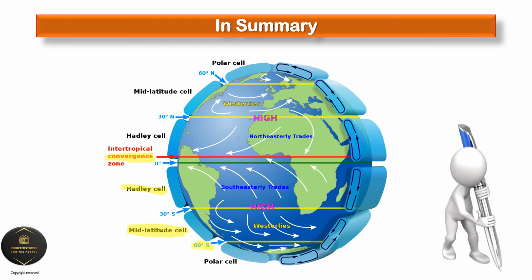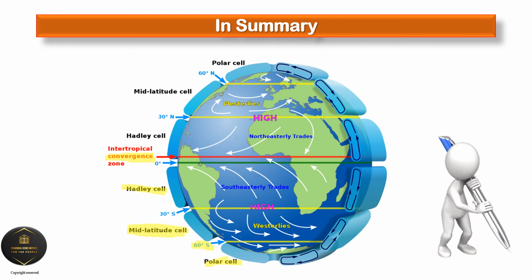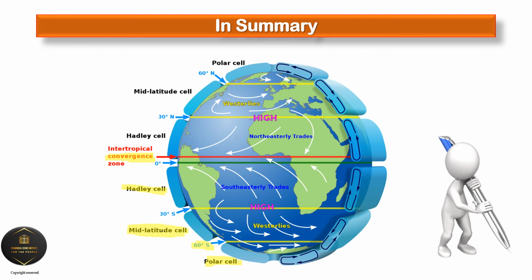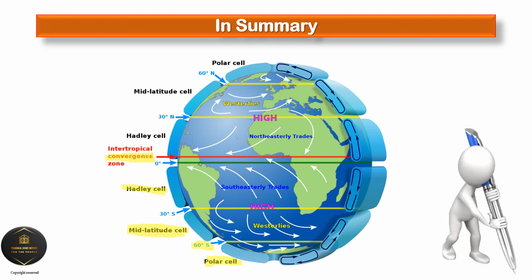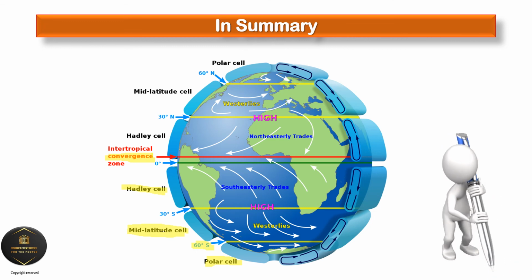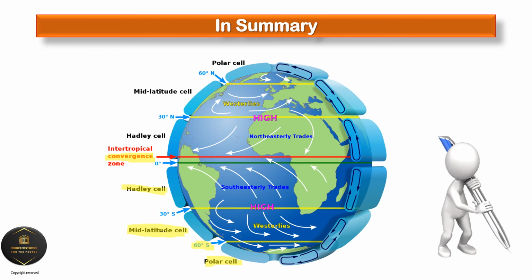And we also have the polar cell, which forms in the polar regions. Remember, the poles are really cold, so they are uninhabitable. And why is that? Because they receive uneven sunlight, or oblique rays from the sun, and therefore there is little to no precipitation over there, and it is really cold. So you'll have your polar high pressure over there.